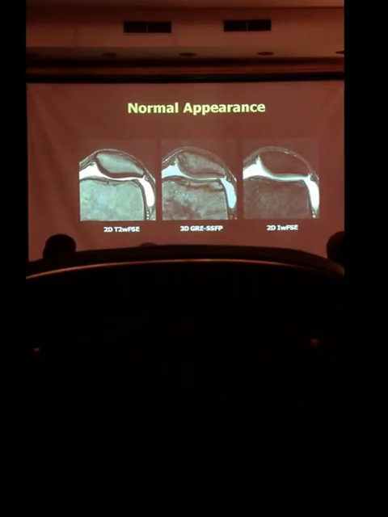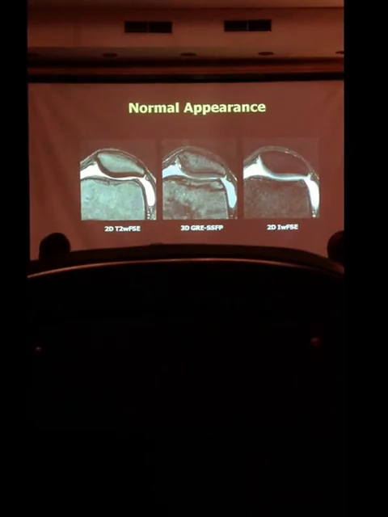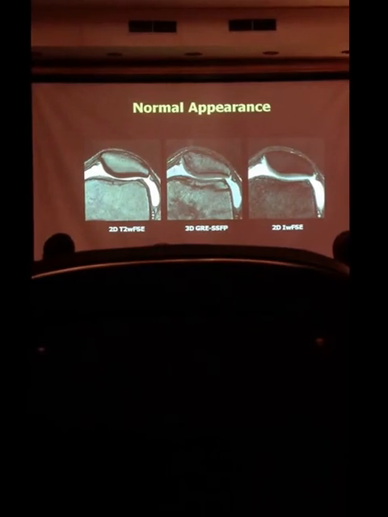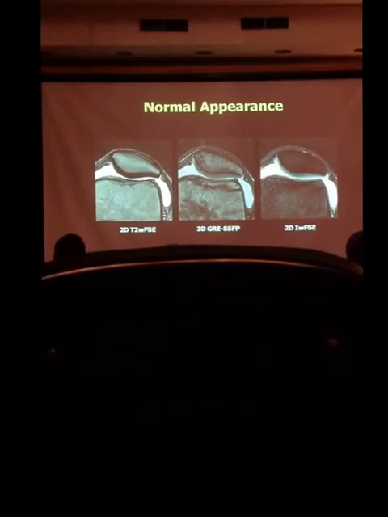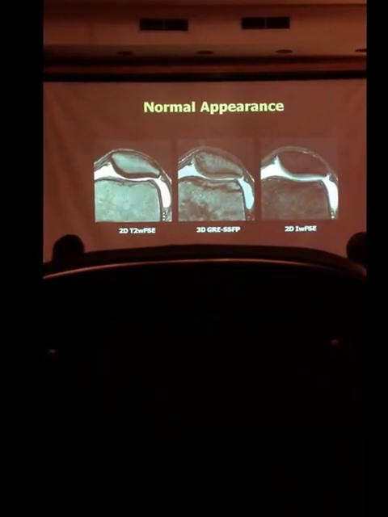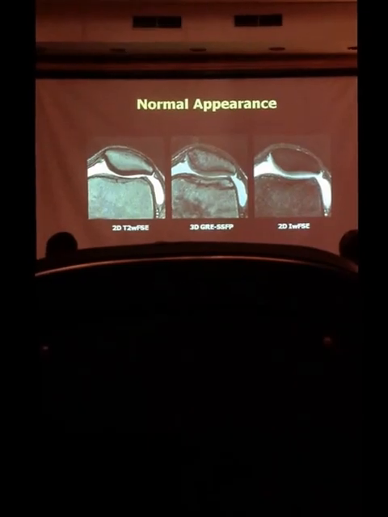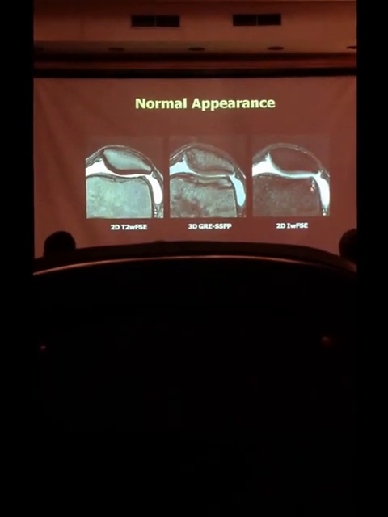But as you can see in the sequence, we have very nice contrast between the signal of cartilage with an intermediate signal intensity, the subchondral bone cortex having a very low signal intensity, and the synovial fluid with a very high signal intensity. So we have great contrast between cartilage, subchondral bone cortex, and the synovial fluid, and that's perfect to assess the articular cartilage.